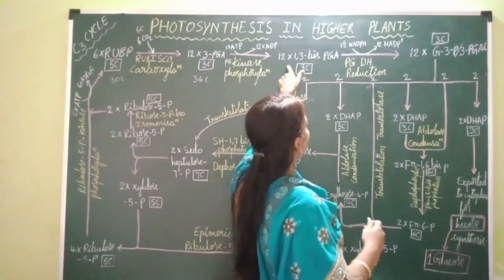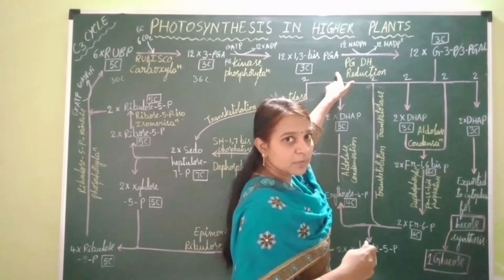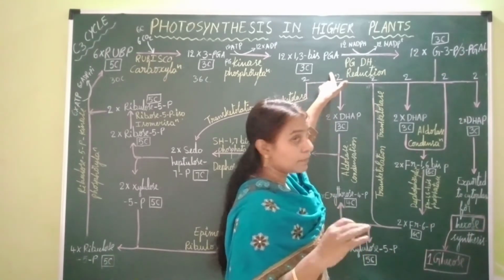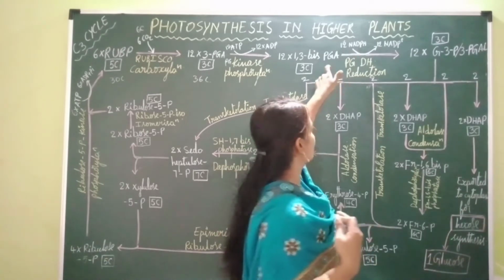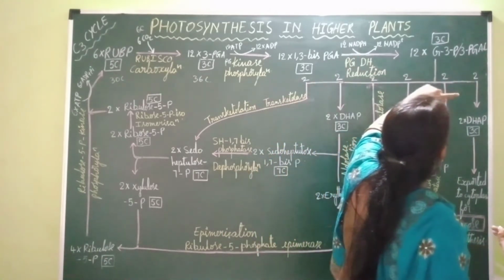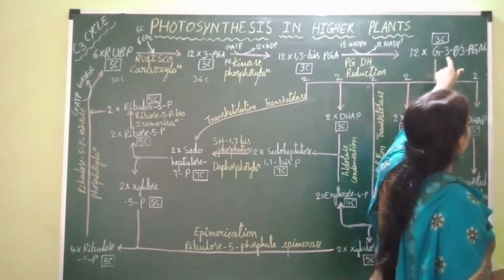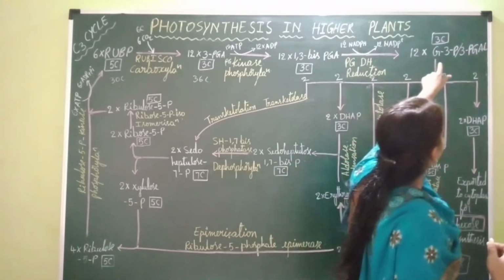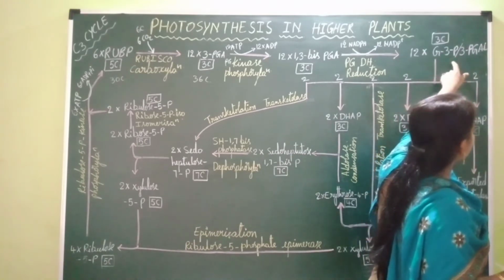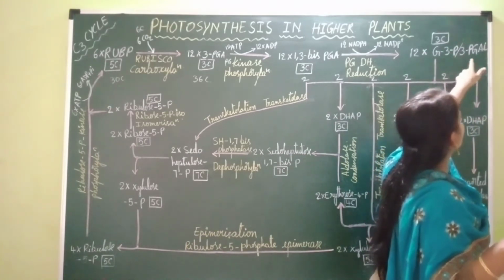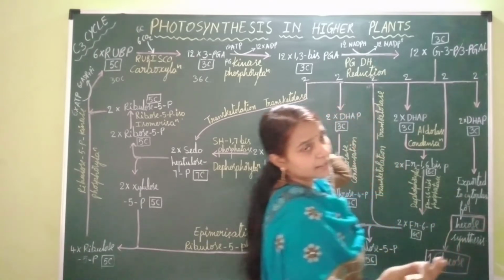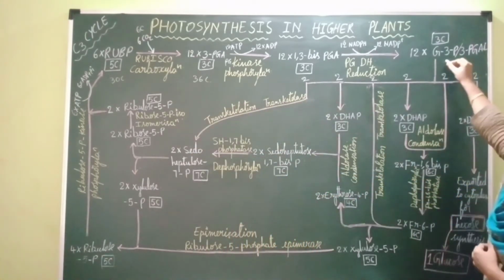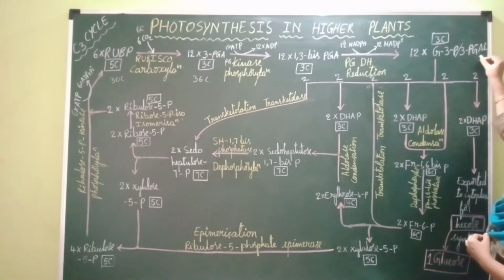Okay, now these 12 molecules of 1,3-bisphosphoglyceric acid, or we can say diphosphoglyceric acid, undergo reduction to form 12 molecules of G3P, glyceraldehyde 3-phosphate. Acid has been converted into aldehyde, glyceraldehyde 3-phosphate, also called 3-phosphoglyceraldehyde. It is nothing but a triose.